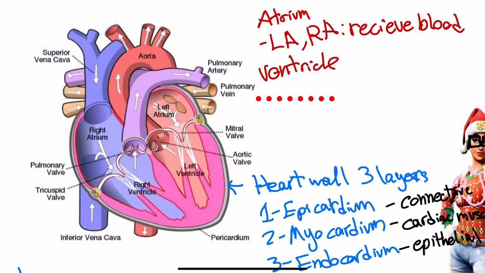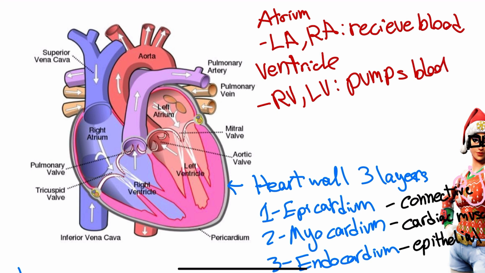When you see ventricle, think vent. So ventricles, right ventricle, left ventricle, pump blood. So the atrium eats it, it receives the blood. The ventricle vents, it pumps the blood. The atrium eats the blood, the ventricle vents it.